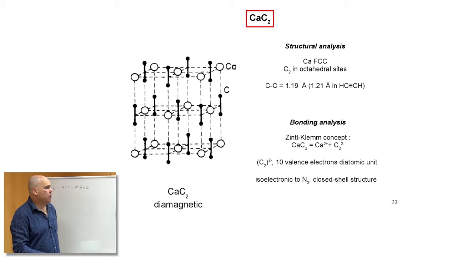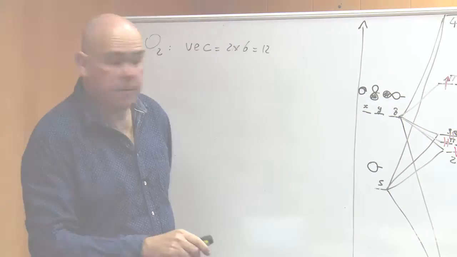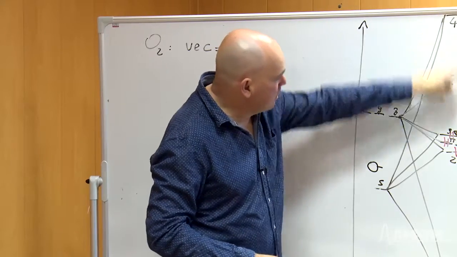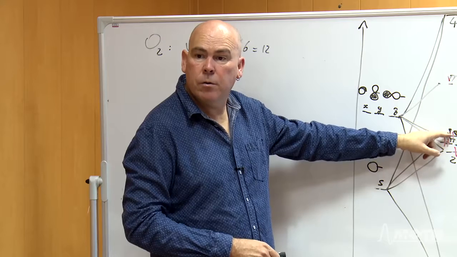C2 2- has 10 valence electrons, 8 coming from carbon plus the 2 minus charge. So it's isoelectronic to N2. It's exactly the same. So you may understand why CaC2 is diamagnetic only by counting the electrons. You will fill this energy diagram up to this 3 sigma level.